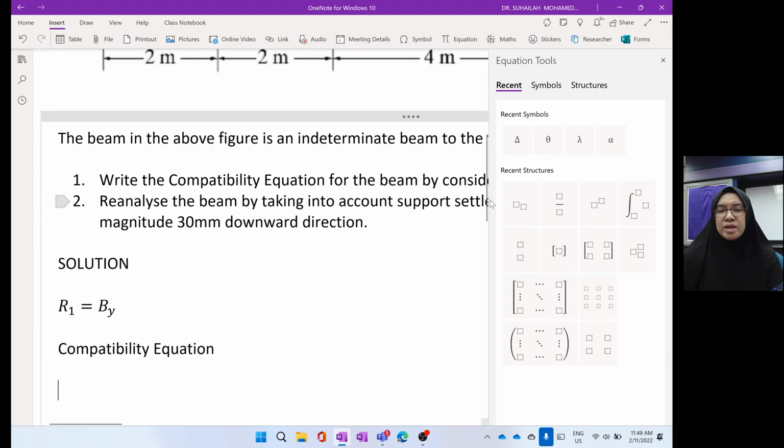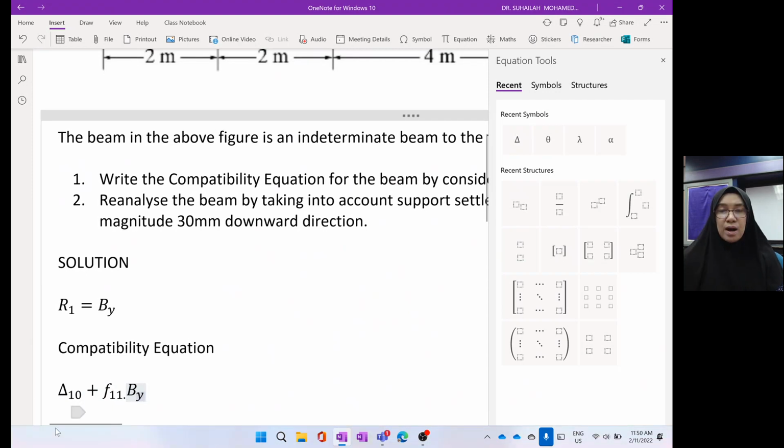So the compatibility equation for one redundant is delta. I put label R1 because we want to change to numbering, delta 1 node, plus F11. And remember, F cannot stand alone; we must multiply it with the redundant, which is BY.